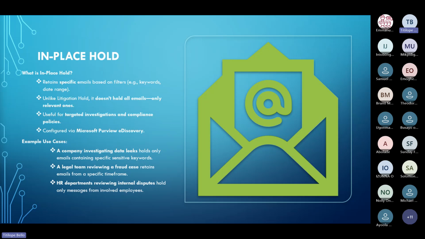So instead of placing the entire mailboxes on hold, you apply an in-place hold with a keyword that says merger, or a keyword relating to merger. Then you ensure that only relevant emails are preserved in that case. So it's only preserving emails that relate to merger or have the keyword merger. Without that, it's not going to.